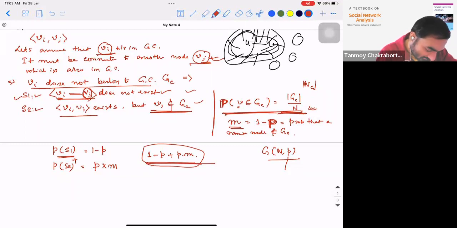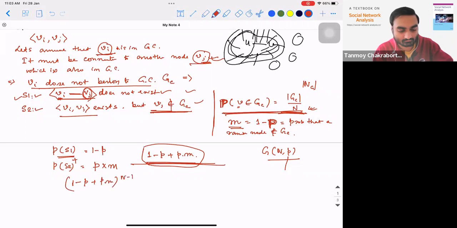So when you generalize this, this is for one node. For generalizing, the same probability would be 1 minus p plus p times M, to the power n-1, since things are independent. This is the probability that a particular node does not belong to the giant component.